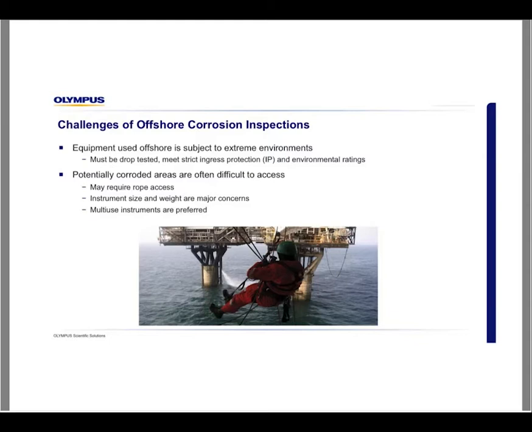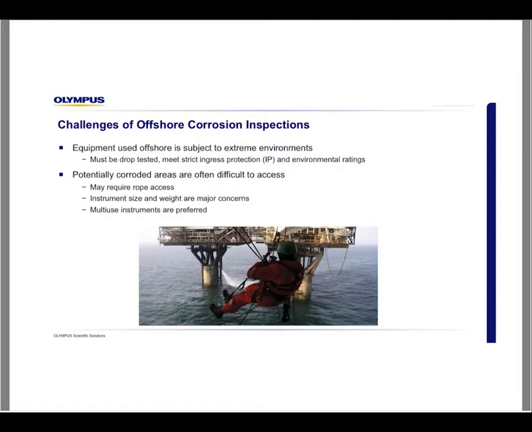So they need to be drop tested, they need to meet strict ingress protection ratings and environmental ratings. What's more, the areas of the offshore rigs that could be potentially corroded are frequently difficult to access, and occasionally these can require rope access to inspect.